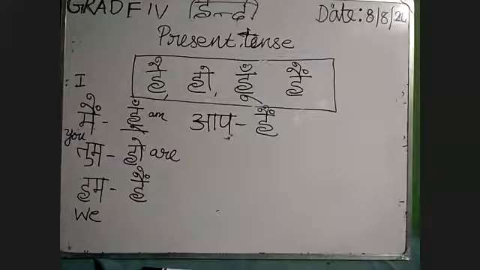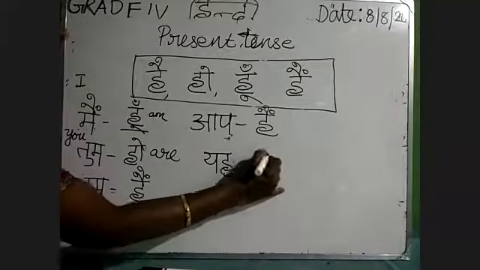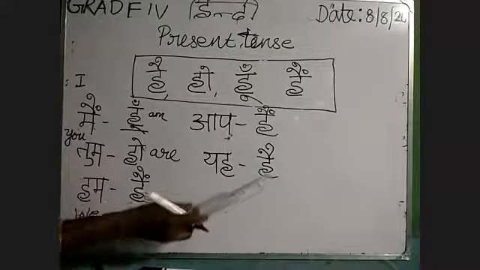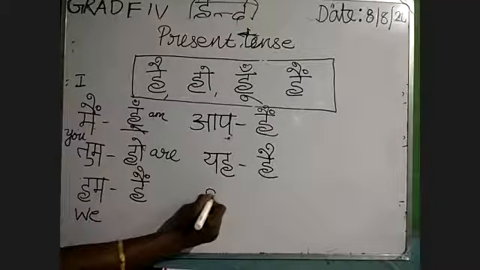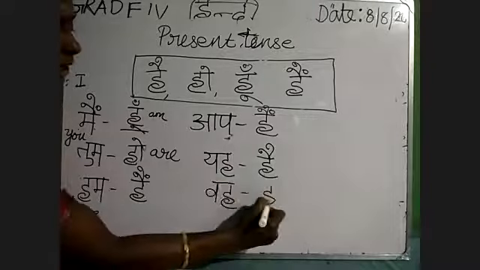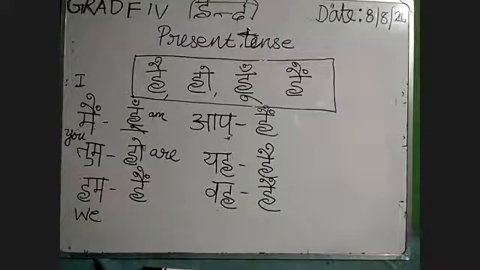Then yah is third person singular. It always ends with hai. Yah hai. Then vah also ends with hai, he is, she is. For example, he is a boy, she is a girl.